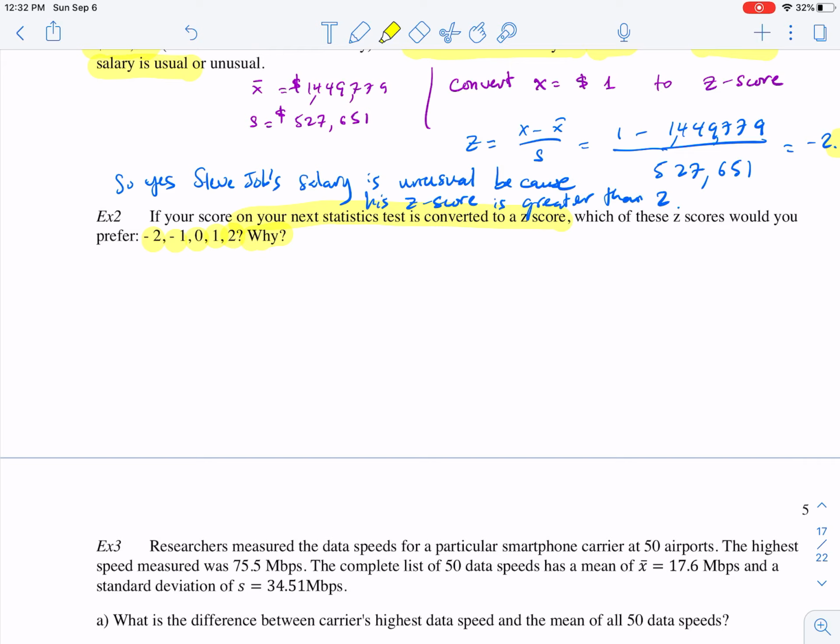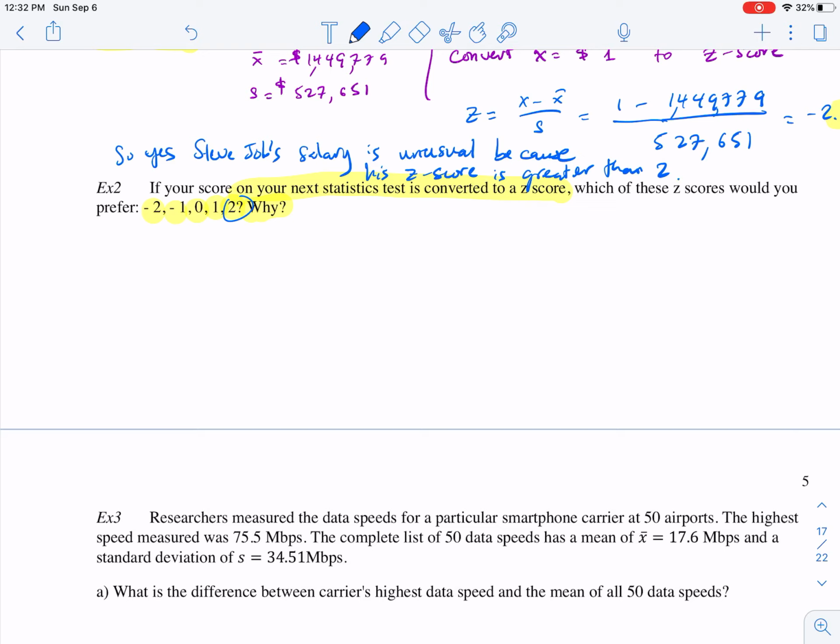Well, a positive Z-score means your score will be way above the class average. A negative Z-score means it is below the class average. So you want to do well, so you will prefer your score to be positive, the highest positive Z-score possible, which is 2 in this case, right?